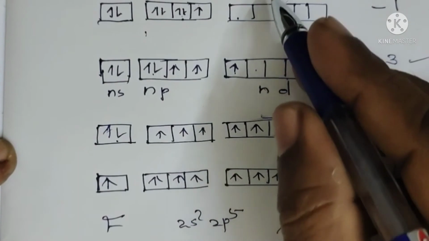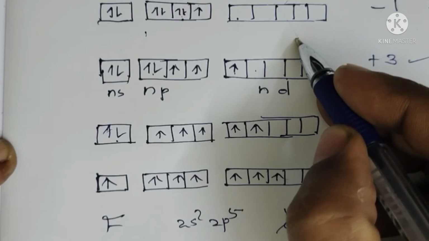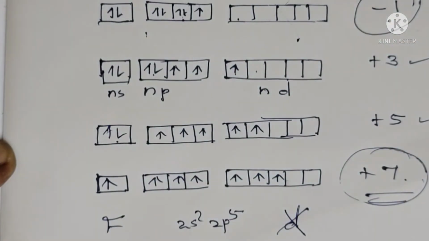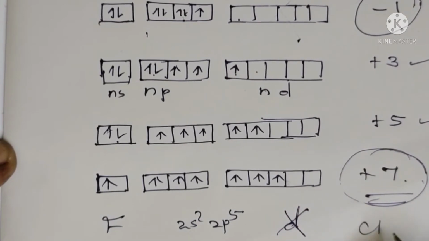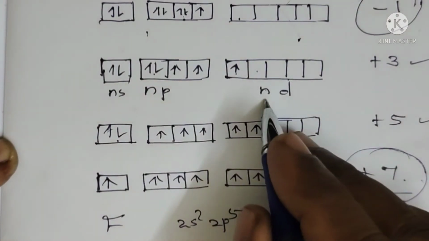Since the d orbital is absent, as well as it is a highly electronegative element, hence it always exhibits -1 oxidation state. Other halogens, that is chlorine to iodine, exhibit higher positive oxidation states due to the availability of d orbitals.